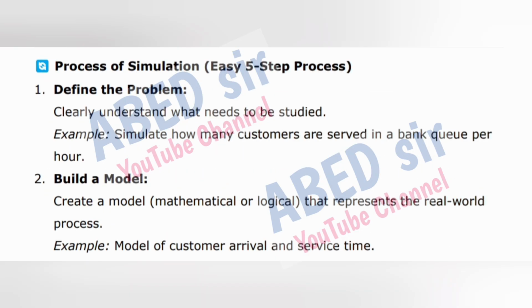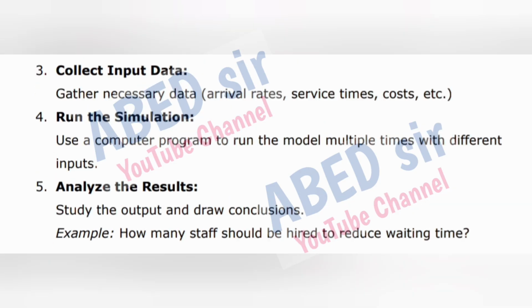Process of simulation, easy 5-step process. 1. Define the problem. Clearly understand what needs to be studied. Example: simulate how many customers are served in a bank queue per hour. 2. Build a model. Create a model, mathematical or logical, that represents the real-world process. Example: model of customer arrival and service time. 3.